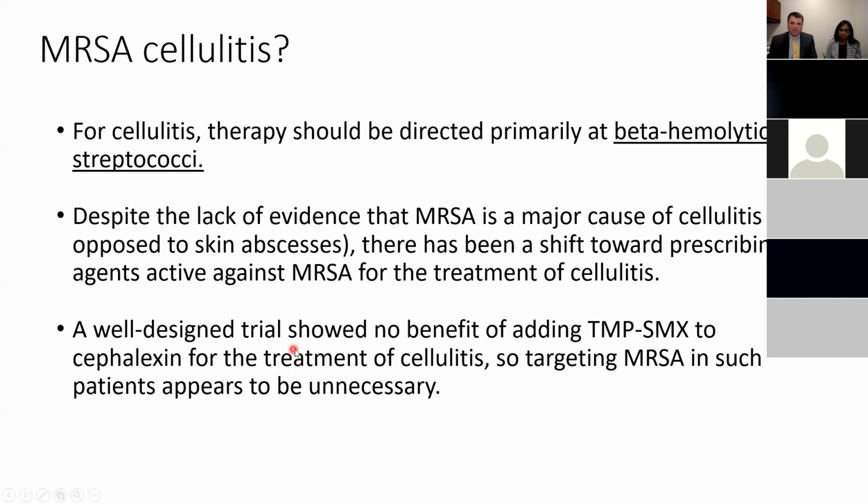And there was a well-designed trial showing no benefit of adding Bactrim to cephalexin, that's Keflex, for the treatment of cellulitis. So they took patients that had a cellulitis with no pus, and they compared it. They looked at cephalexin versus cephalexin plus Bactrim, and there was no benefit of adding Bactrim to those patients.